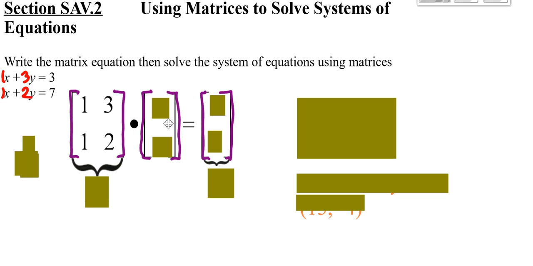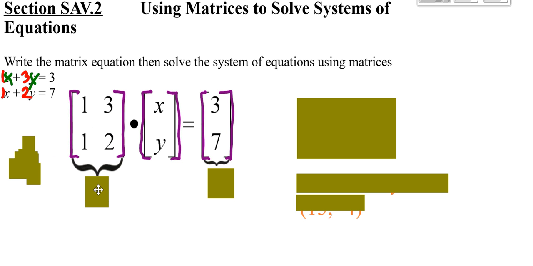What goes in your second matrix is your variables. Here our variables are just an x and a y, so they go in that order, from top to bottom, x and y. And then what goes on the other side is just your constants, the 3 and the 7.